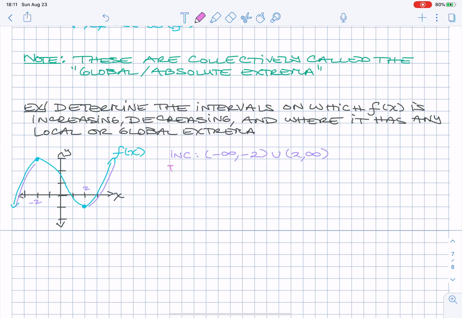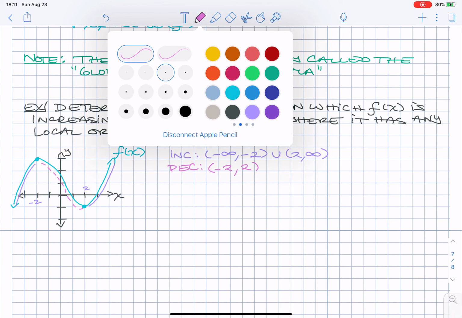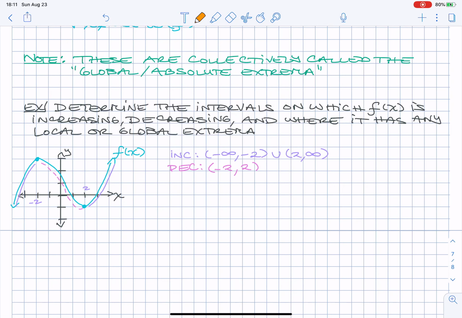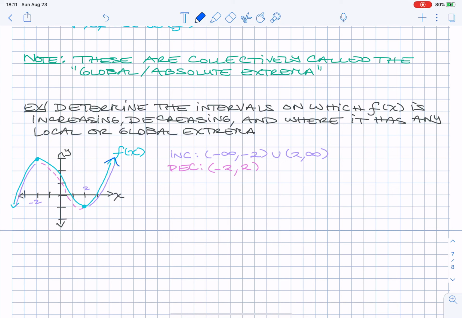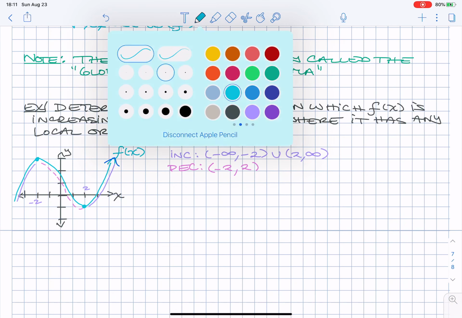So decreasing, looks like I'm going downhill for values of x between -2 and 2. Since this is an arrow, let me make sure I understand. Actually, no. Let's not make it an arrow. Let's make this a point so that we can see.